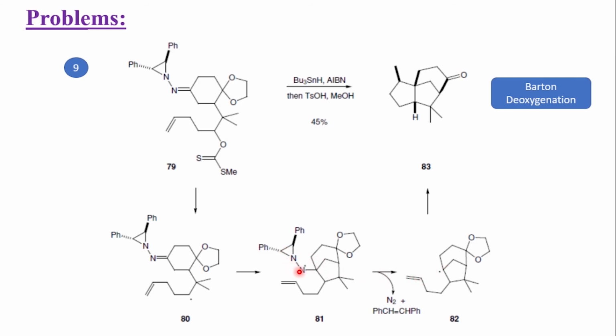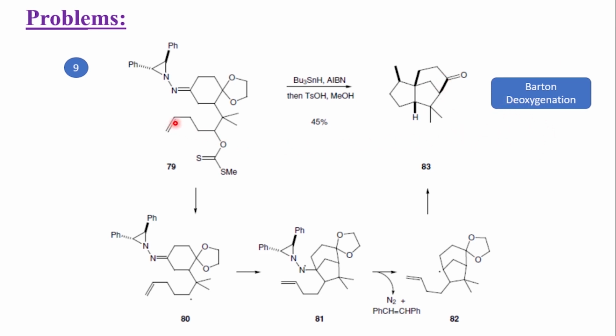Okay, after that this nitrogen will leave as N2 and this is a trans Ph-CH double bond CHPh. After that this radical will stay here, an alkyl radical. This alkyl radical also undergoes addition to a pi bond, then forms this primary radical. This primary radical will abstract the proton directly from tributyl tin hydride to form a neutral compound. This is a Barton deoxygenation reaction.